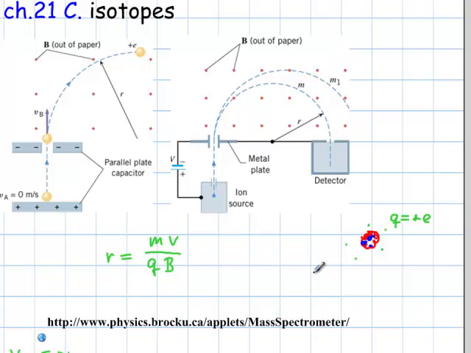The mass of a carbon isotope, and this would be carbon isotope. I'll write this again. Let's see what they say in the problem.